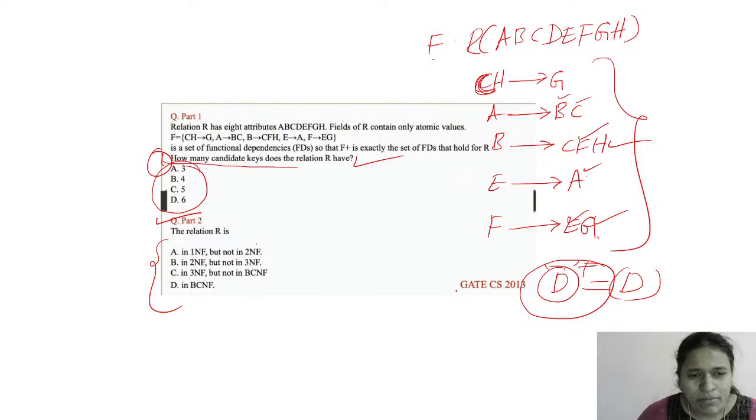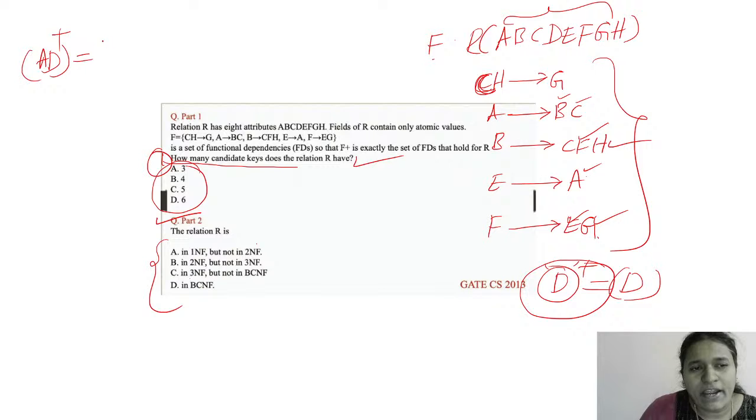That means we have to add one more attribute with D to get all the attributes of the given relation. For that, first we will try with AD closure. We will find the AD closure because the candidate key is always minimal, right?